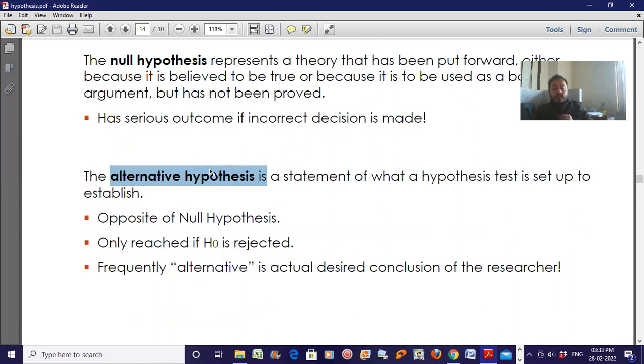Then we will say that this H1 will be applied only if H naught is rejected. Remember what I have said, this is very interesting. If this H naught, that is the null hypothesis, is being rejected, we need something else in place of that, right? And that is none other than our alternative hypothesis.